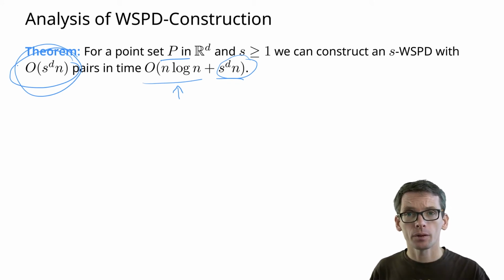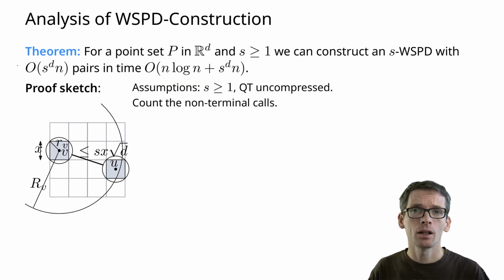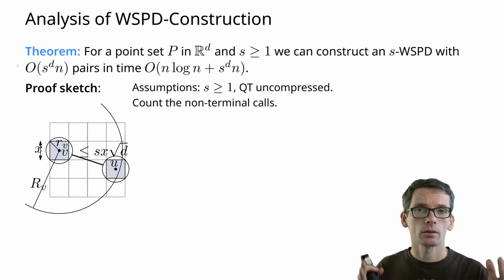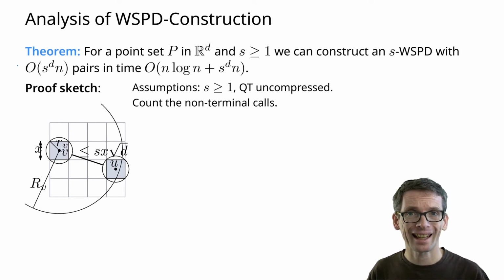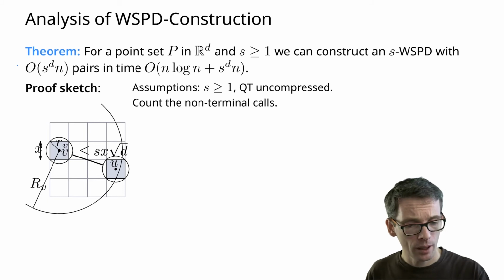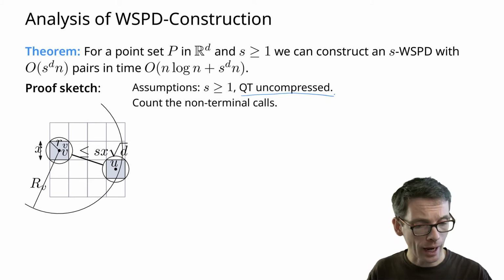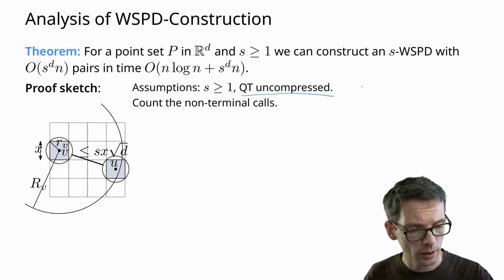And I will give a proof sketch of this, also making a simplifying assumption so that I can focus on the most important arguments and leave out some technicalities. The assumption will be that we have an uncompressed quadtree, and that it has linear size.